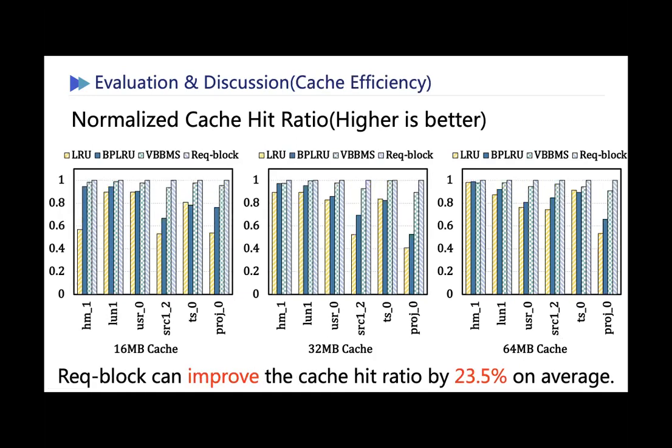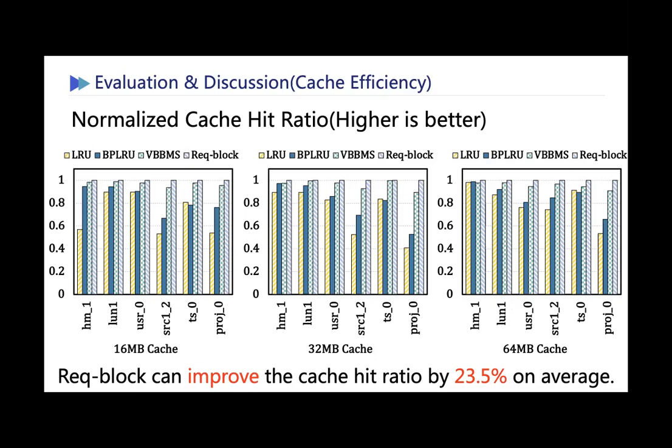The term cache hit means the ratio of the pages from I/O requests that are absorbed by the cache without accessing the underlying flash memory. A higher cache hit ratio implies less access to underlying flash areas, which contributes to better I/O performance.